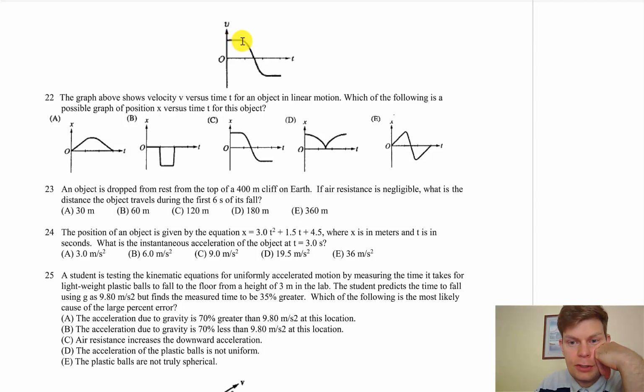So we need something that starts with a constant positive slope. The only contenders: this is 0 initial slope, this is 0 initial slope, and this, I don't know what the heck's going on there. So only E and A have initial positive constant slope. And then after that, the slope should go to 0, not the value to 0, the slope to 0, and then get negative, and then have a constantly negative slope.